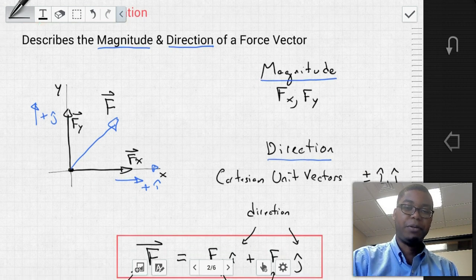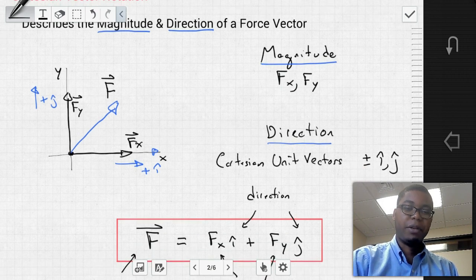Well, the magnitude of those components is going to be Fx and Fy, and the direction of these components is described using Cartesian unit vectors, where the direction is described as i with a little arrow over the top, and j with a little arrow over the top.